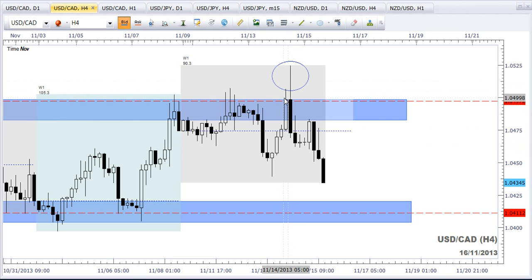It engulfed this previous bar here, the 5 a.m. bar. The high was above the 5 a.m. bar, the low was below the 5 a.m. bar, and it closed below the low of the 5 a.m. bar. So this has got to tell me to look for trades to the short side.